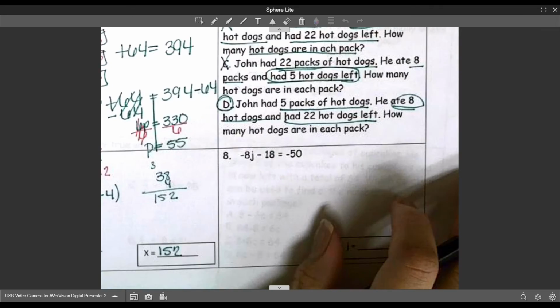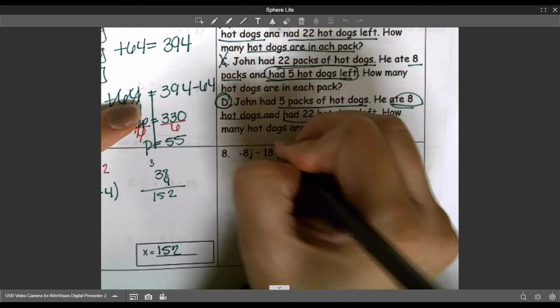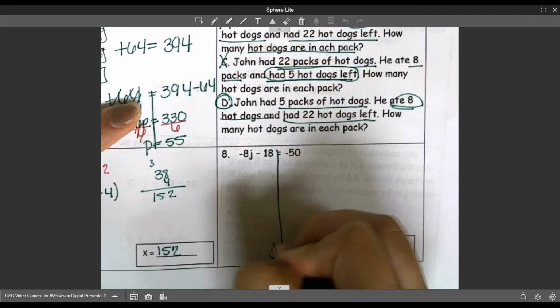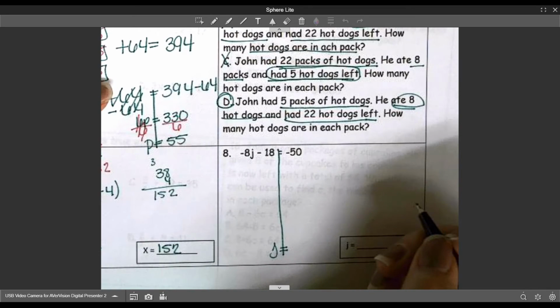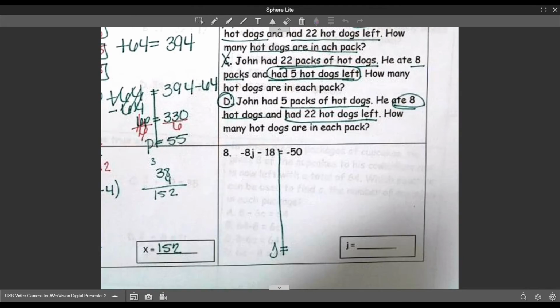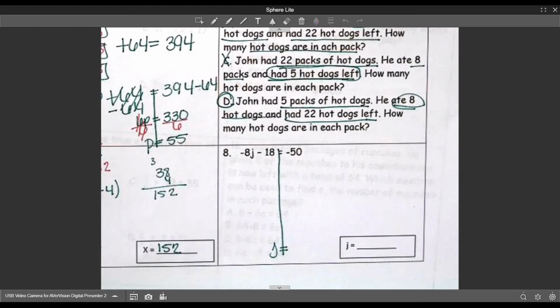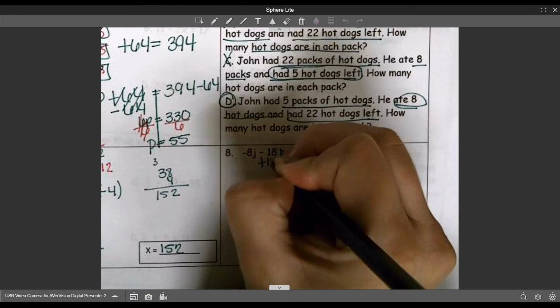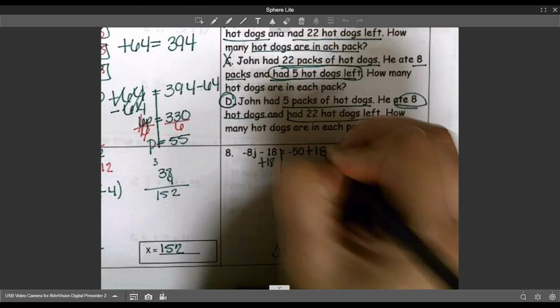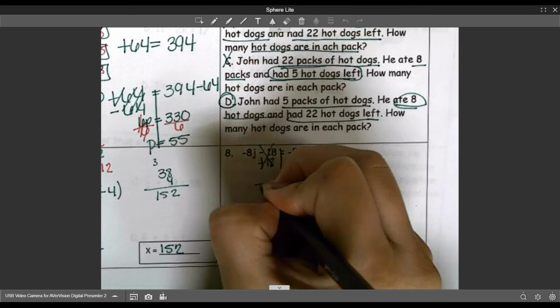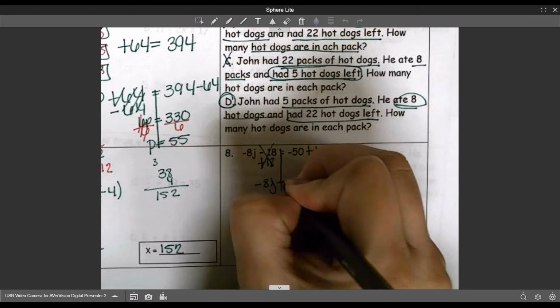Number 8. Go ahead and put a line through the equal sign. J equals. Which number do I get rid of first, the negative 8 or the negative 18? Yes, very good. The negative 18. What is the opposite? Yes, plus 18. This cancels out. I'm left with negative 8j equals.